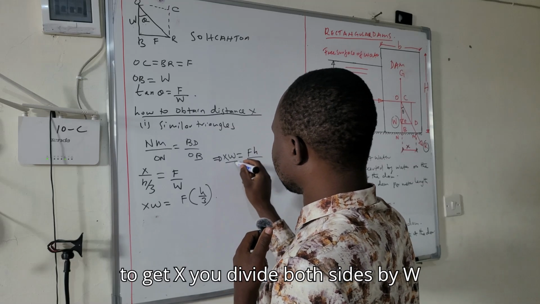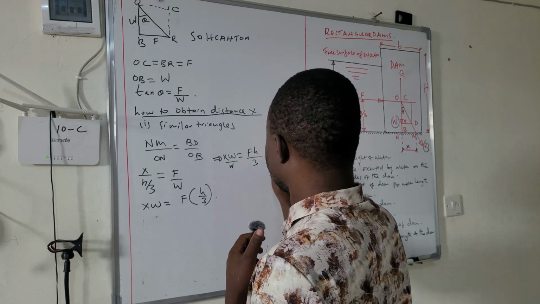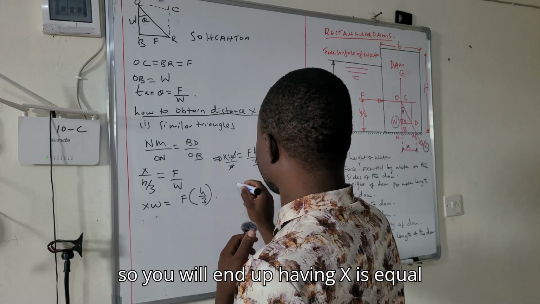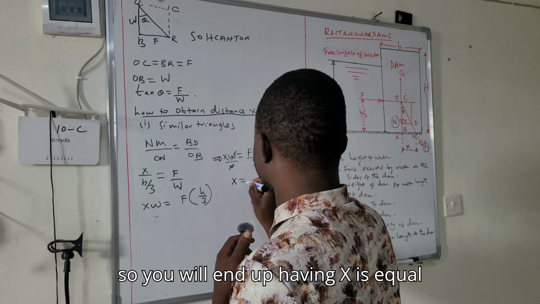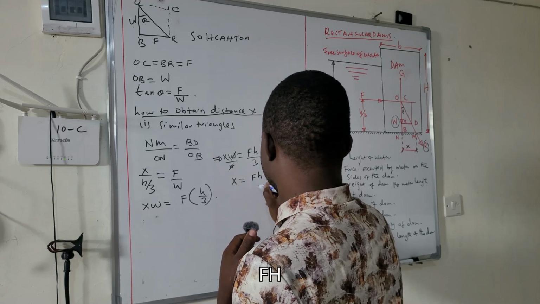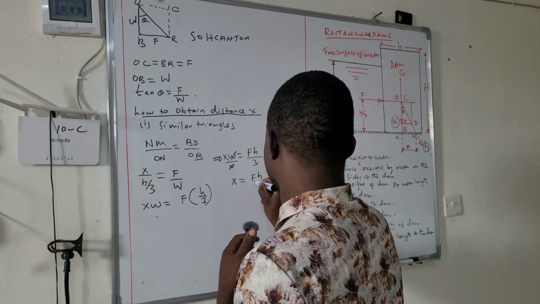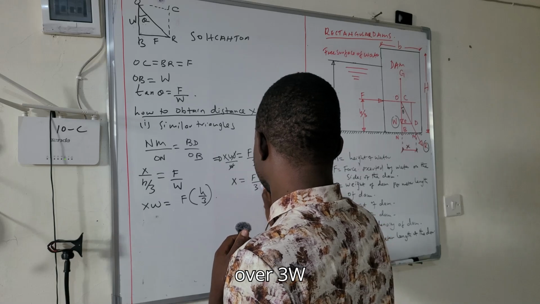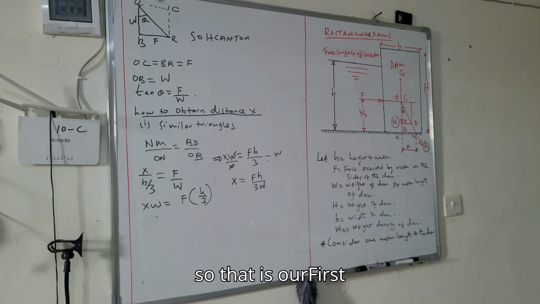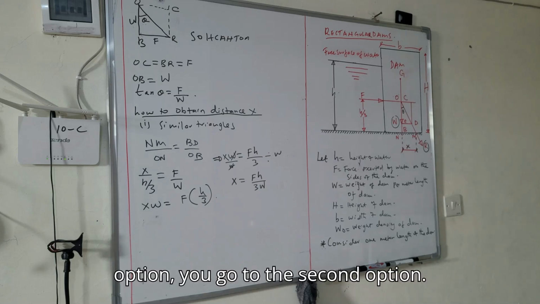To get X, you divide both sides by W. So you will end up having X is equal to FH over 3W. So that is our first option. You go to the second option.